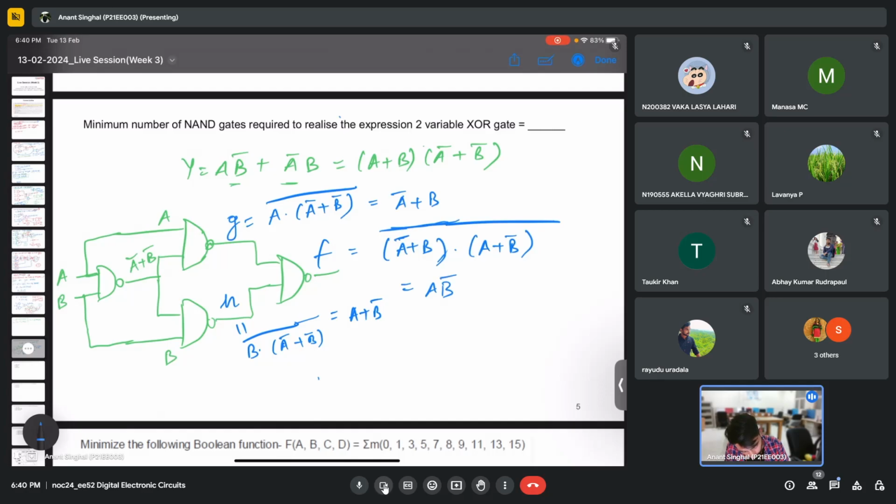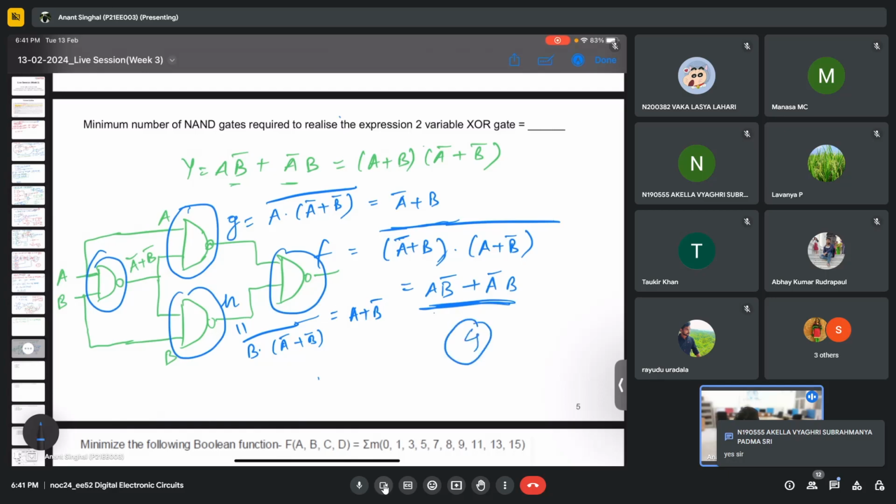This will give A B complement plus A complement B. So, is there any doubt in this? How I've reached this? Everyone agrees that F is this. So the correct answer will be 4.